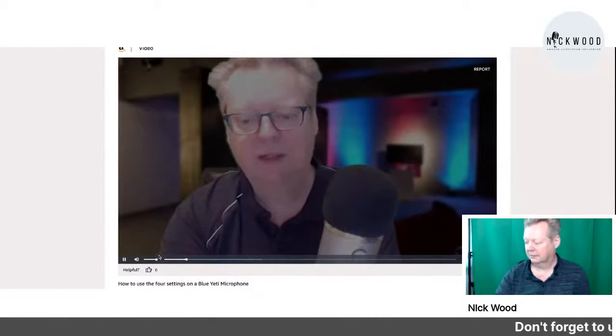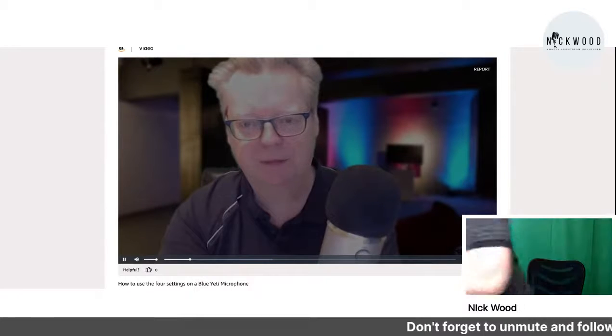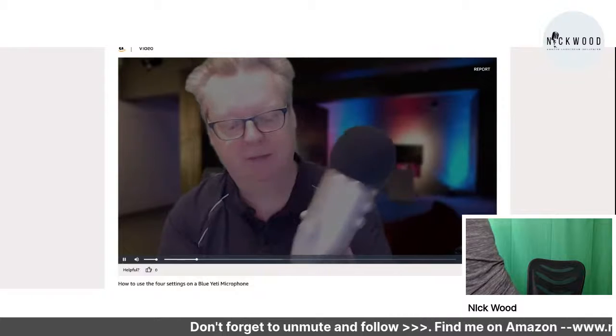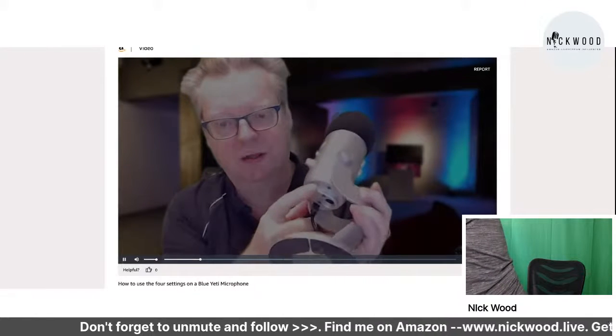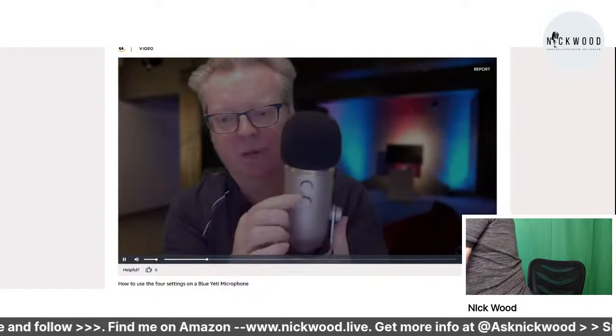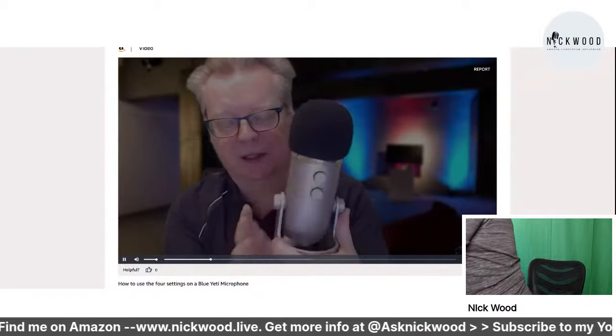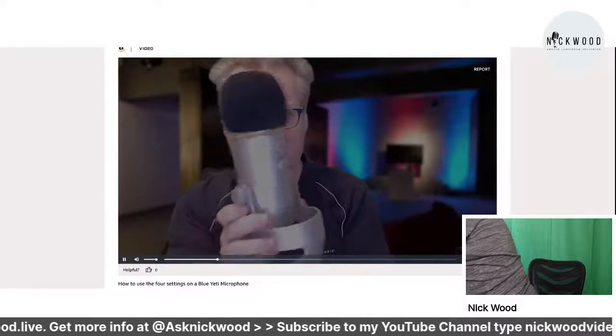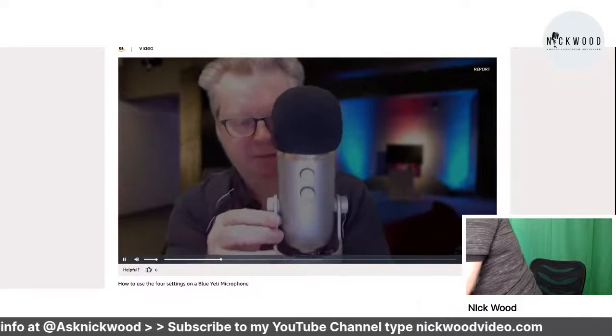It is a multi-directional microphone. 3 condenser capsules, 4 pickup patterns. This headphone output is there as well. We can control the volume. We can control the mic gain as well. It's got an adjustable stand, and it is just plug and play.